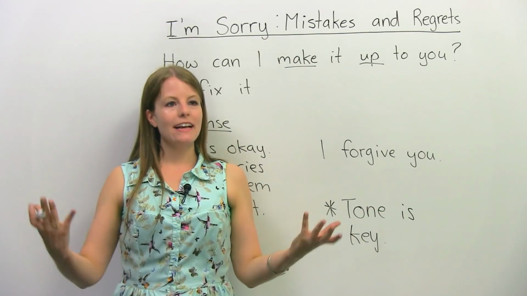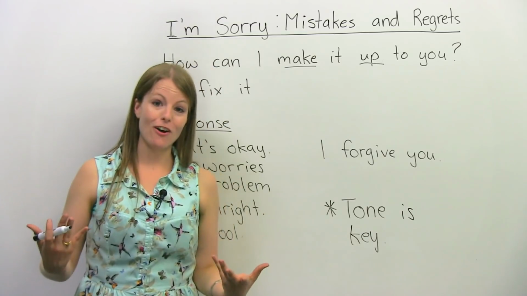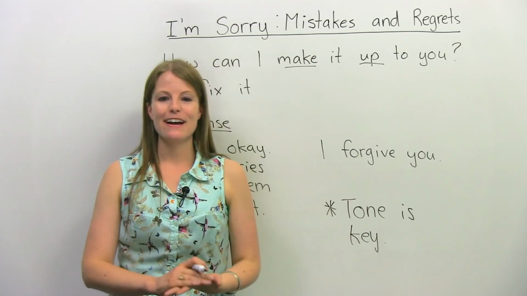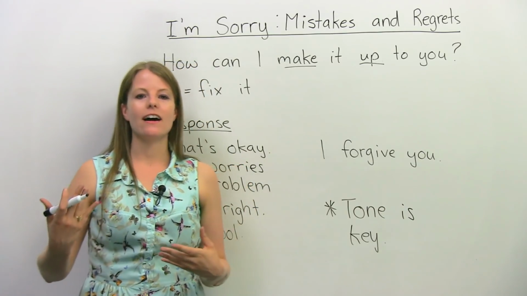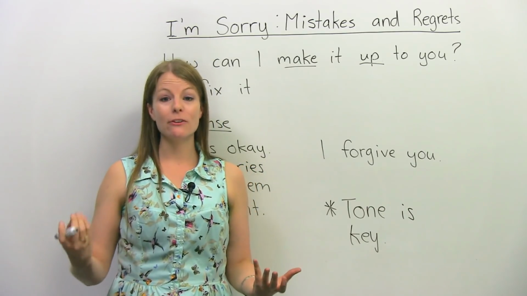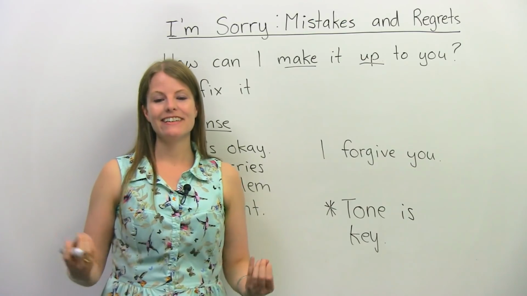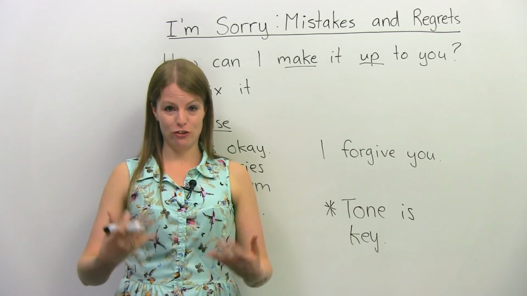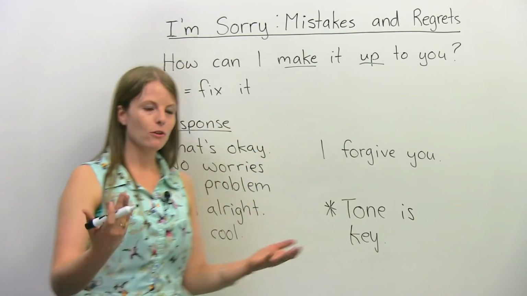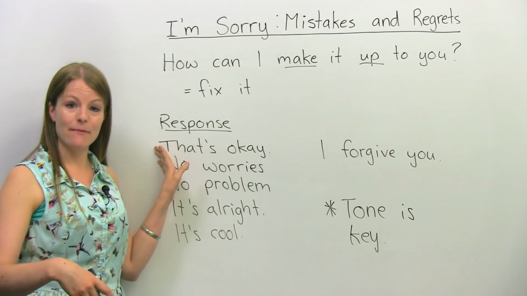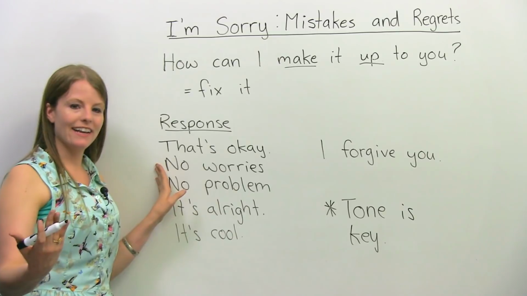In Canada, we actually apologize a lot. It's a bit of a stereotype. If you're ever visiting Canada or you live in Canada, you might notice people say I'm sorry a lot. So what's really important is to know what you say when someone says I'm sorry. Well, you can say, that's okay. No worries.